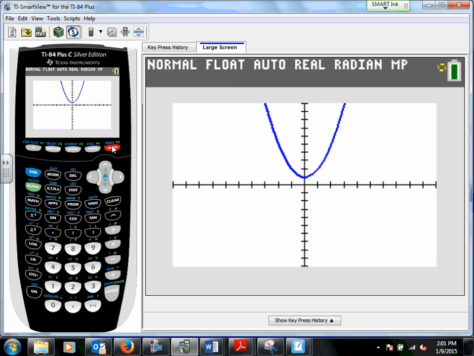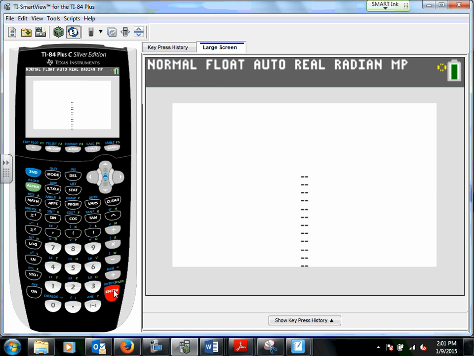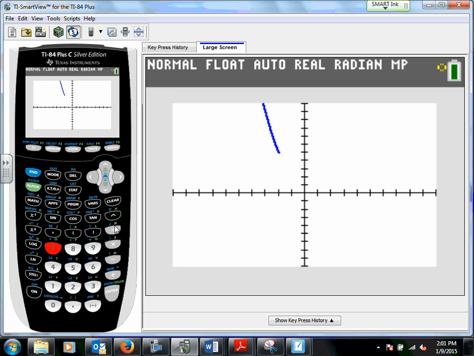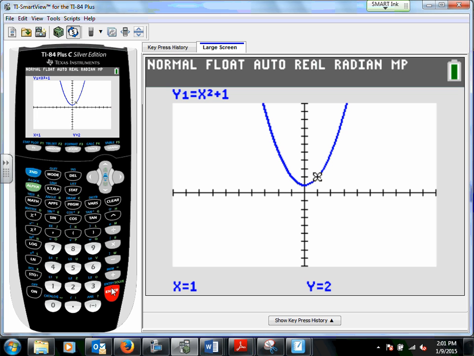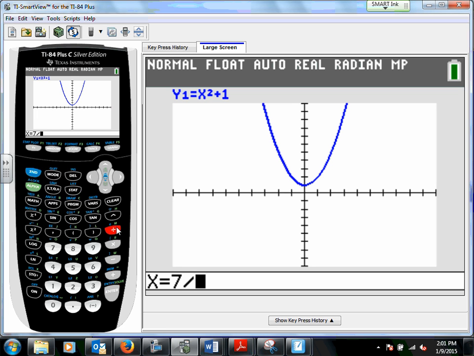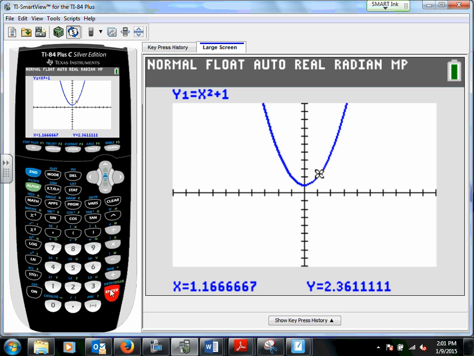You can trace it and type in x equals 1, and it gives you the coordinate. So your height is 2.7/6. It gives you your coordinate.